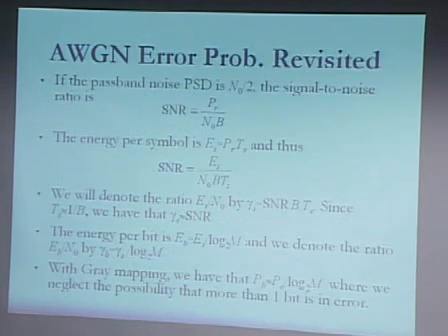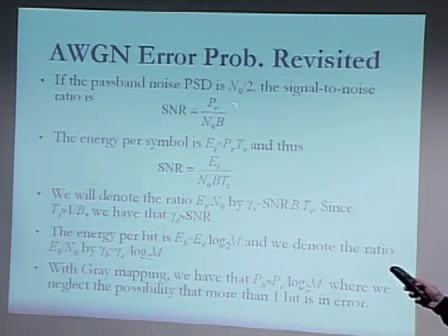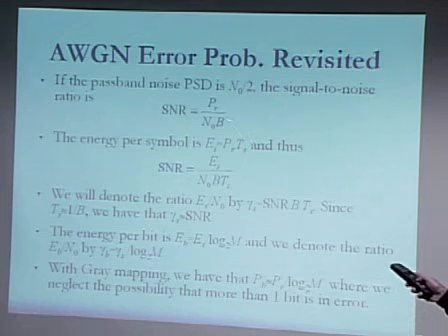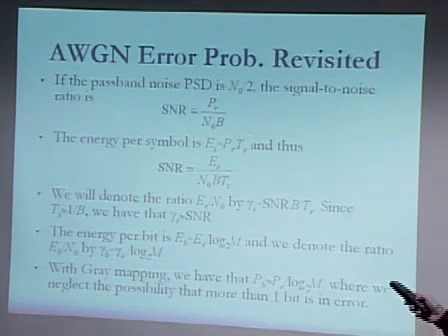So let's revisit some basic notions first. If the passband noise power spectral density is N0 over 2, the SNR is the received power P sub r divided by the noise power, which is N sub 0 times B. N sub 0 is watts per hertz, and B is hertz, so this is watts.